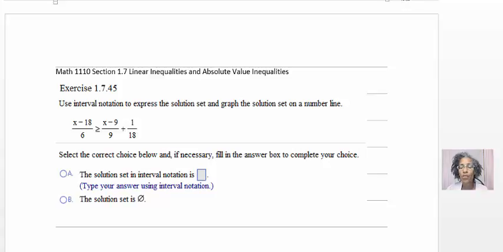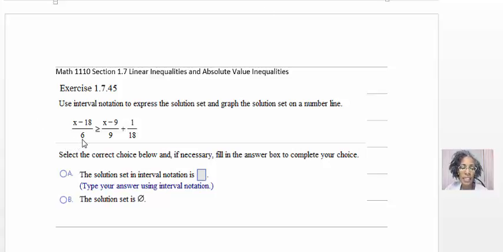So the first thing we want to do is clear the fractions. We want to multiply by the smallest number that 6, 9, and 18 divide into evenly. This number would also be called the least common denominator.